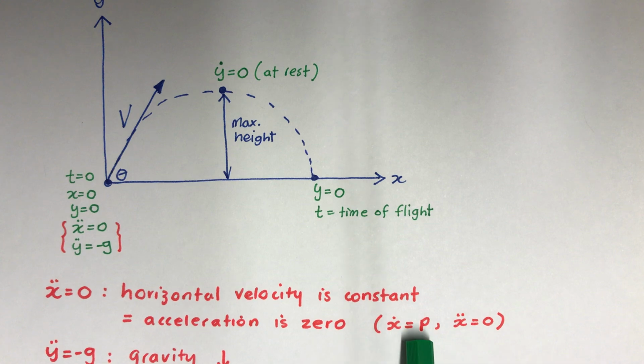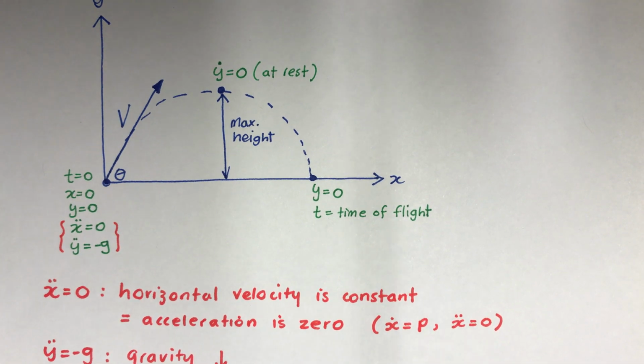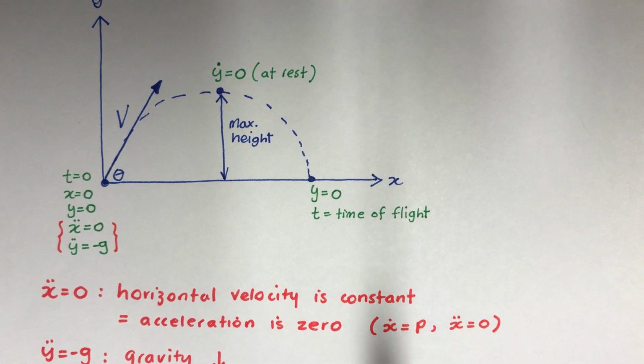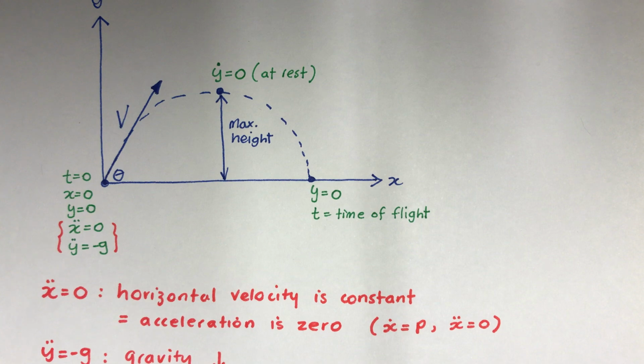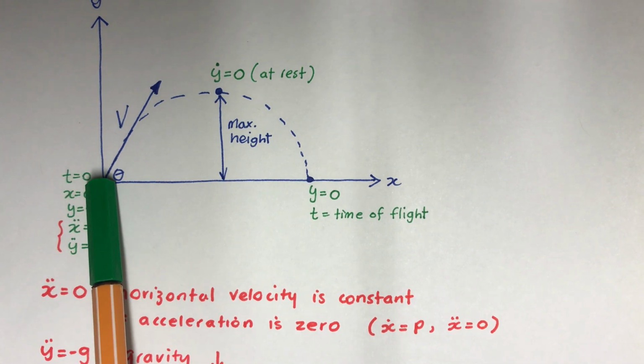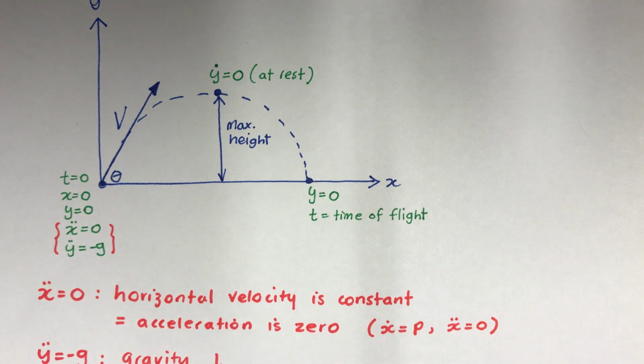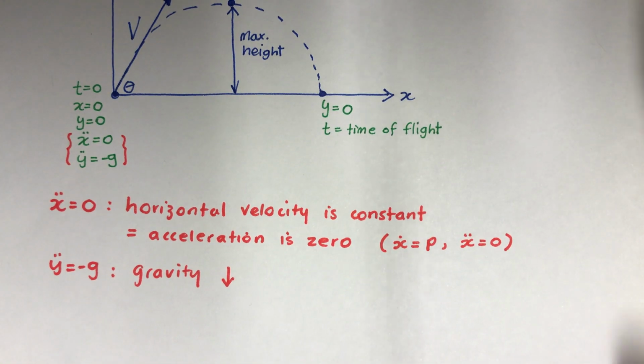When it's a constant, the derivative of that is 0, isn't it? And then the vertical acceleration, the only thing that happens right now at the beginning is gravity pulling down, so it's a negative g. Okay, so that's what it is.